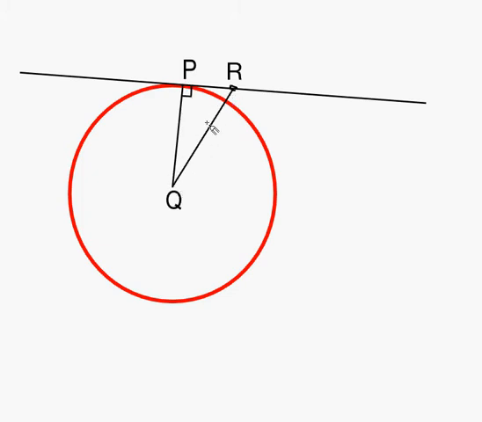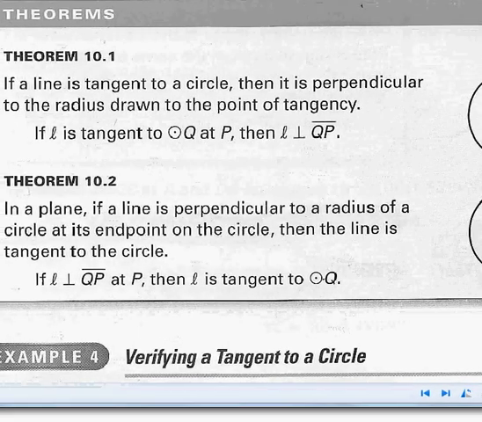Well, if it's at a greater distance from Q than P, the distance must be greater than the radius. Therefore, it must lie outside the circle. We've just proven that every other point other than P on this line L must lie outside the circle. But that is nothing other than the definition of a tangent line. So we have just proven both Theorem 10.1 as well as Theorem 10.2.